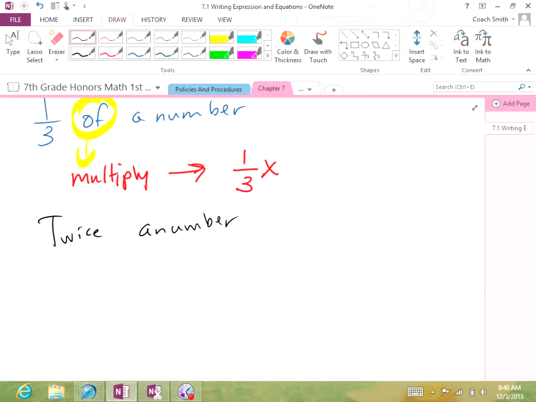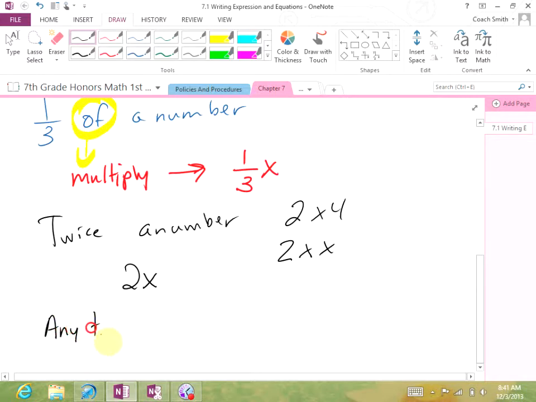In other words, think about it. If you did 4 times 4, that would be 16. But what is twice 4? 8. So that's the difference between the two. Normally, you would go 2 times 4. Well, this is 2 times x, so you don't want to do that. So you just do 2x.